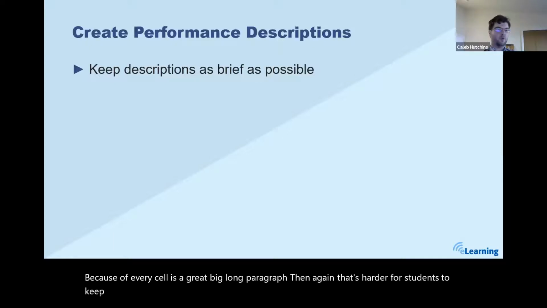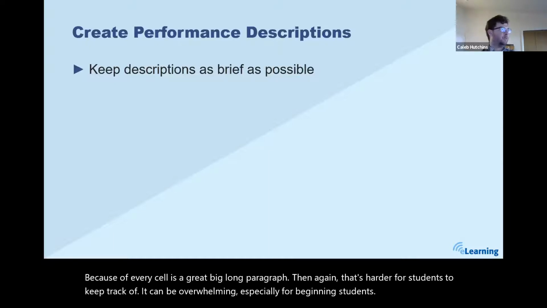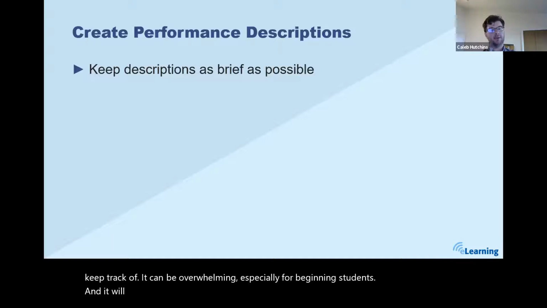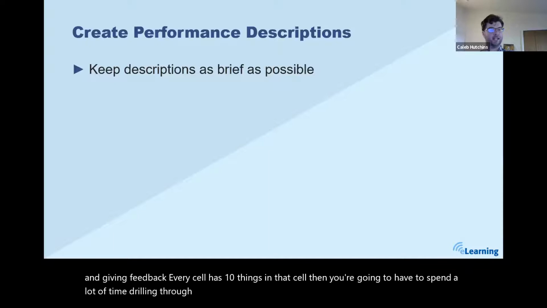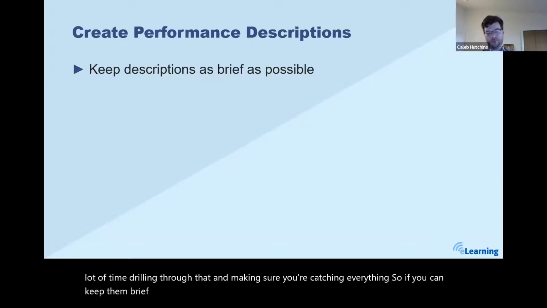It can be overwhelming, especially for beginning students. And it will make your job harder later when you are referencing your rubric as you're grading and giving feedback. If every cell has 10 things in that cell, then you're going to have to spend a lot of time drilling through that and making sure you're catching everything. So if you can keep them brief, that's going to be better for you and for your students.